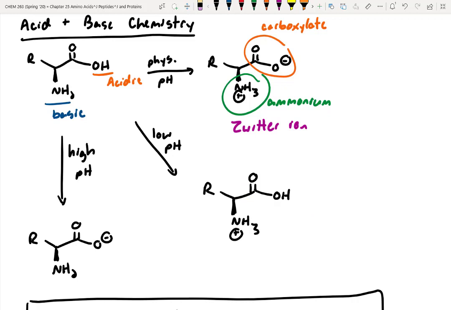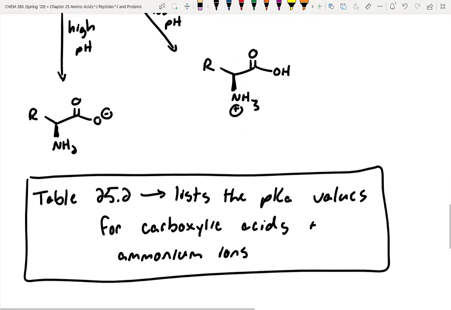What some students do, though, is they look at it and say, well, isn't it the pKa of that? No, not exactly. The pKa of amines are so high that it's not even really worth listing because they're not really even experimentally that valid for most physiological studies. It's a lot easier to study the pKa values of these ammonium ions. So keep that in mind when you're looking at the table.